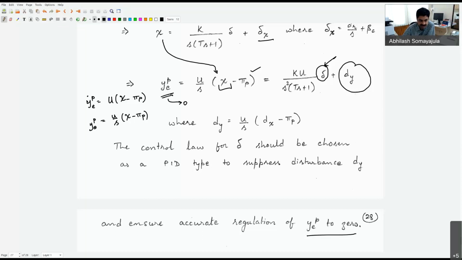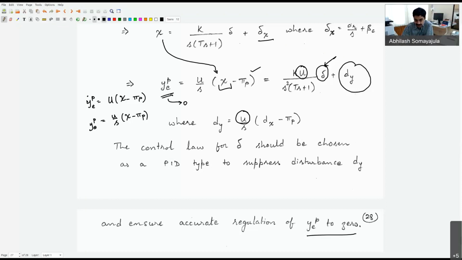Now, typically the tuning of the gains of your PID controller is done for a particular speed u. You may see changes in the performance if you tune it for one speed and try to apply it at a different speed.